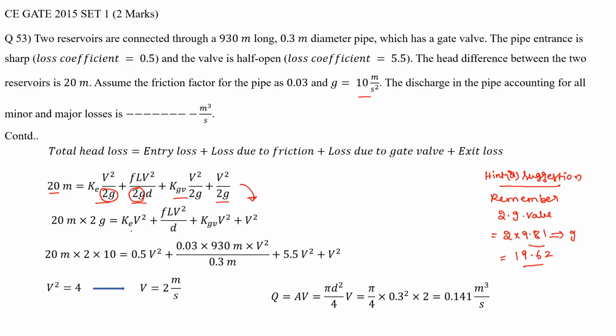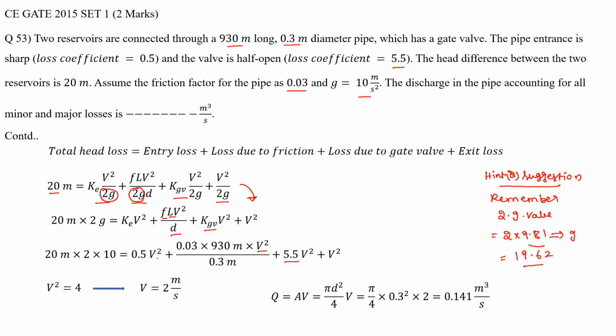Now we know Ke is 0.5, friction factor is given as 0.03, L is given as 930 meters, pipe diameter D is given as 0.3 meters, as well as the loss coefficient due to the gate valve, given as 5.5 V square by 2g. We know that 2g goes to the other side, so V square is left out, plus V square.